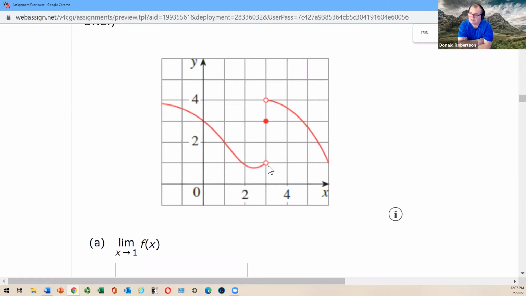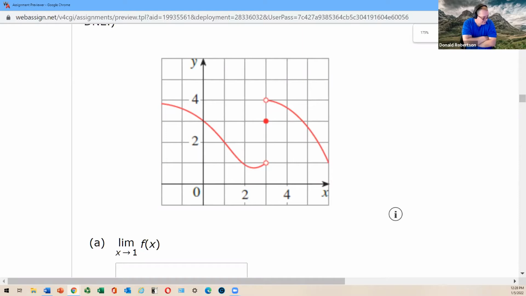A limit can equal something even if there's a hole at the end of the curve. So in this case, the left limit is 1. What will the right limit be now? 4. Right, even although there's a little hole there. What about the overall limit as x tends to 3? Doesn't exist. Be careful with this one.